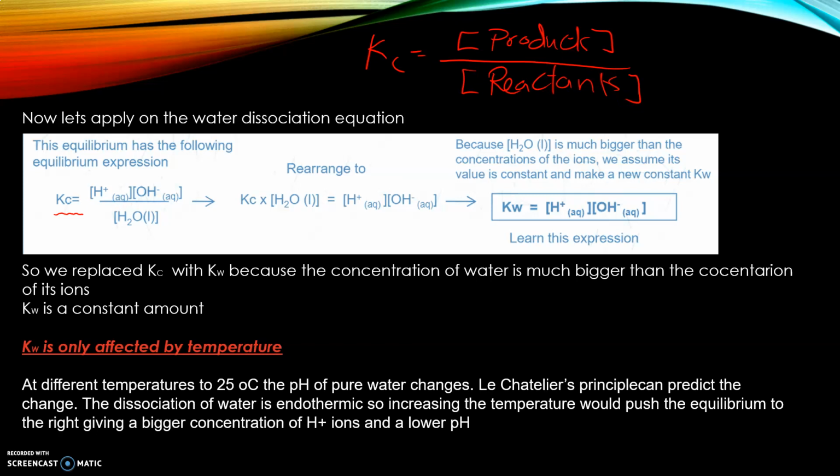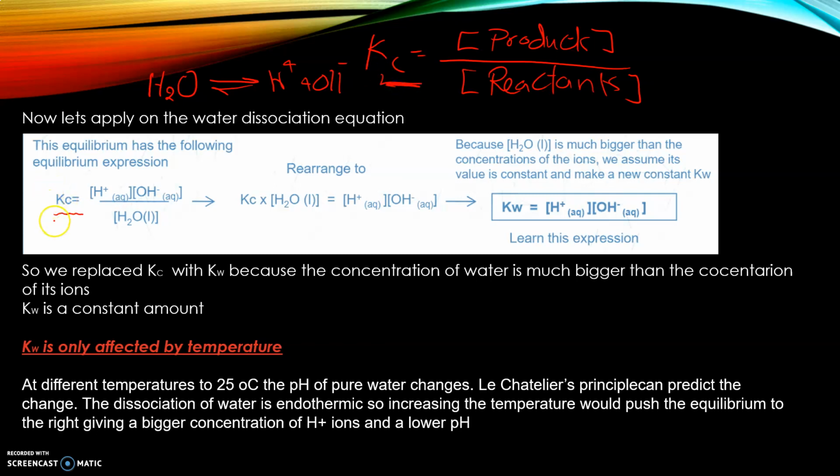So if we have our equation, let's put it here to remember. We have H2O, which can dissociate into hydrogen plus OH minus. So let's apply this to that equation.